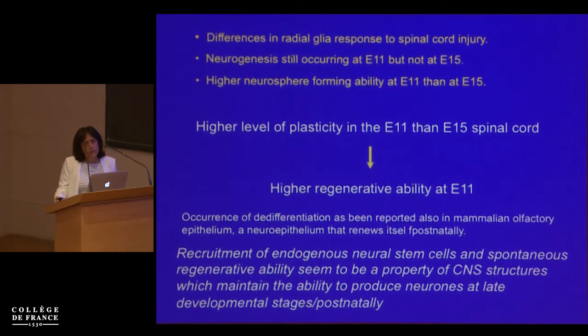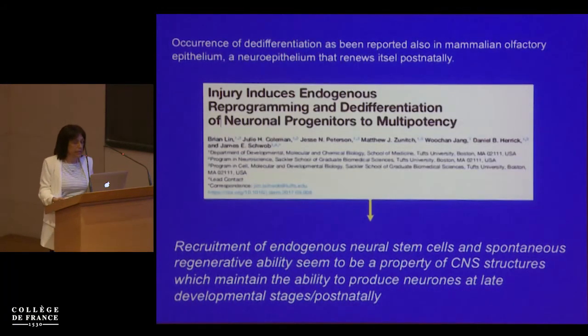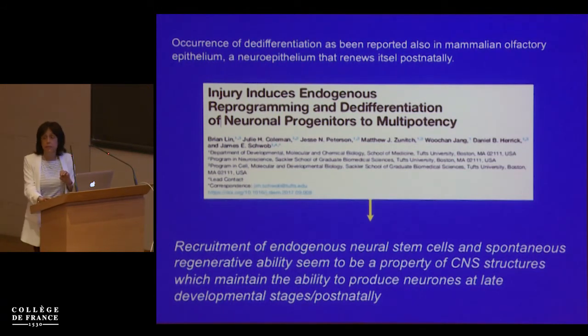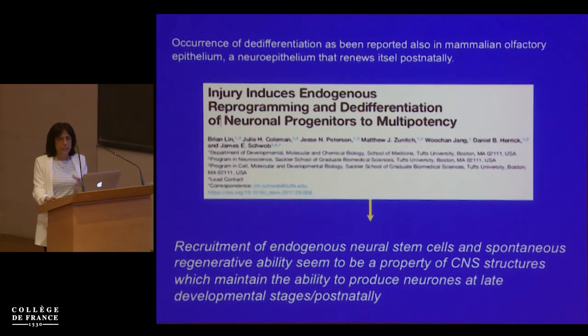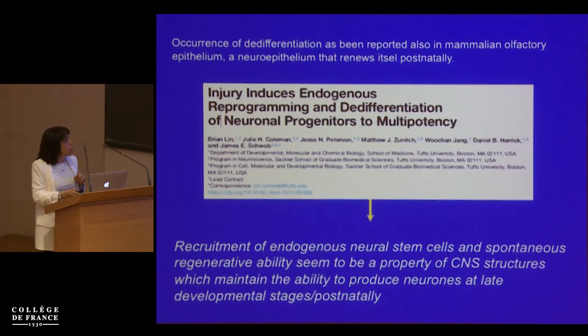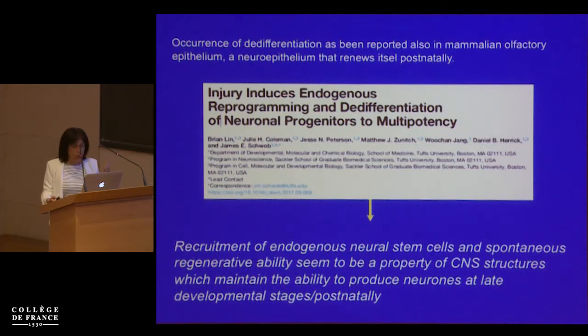And there are a lot of studies supporting this, and one that I like to mention concerns the olfactory system in mammals, and we'll hear from other people here in the meeting over the next couple of days about other examples. So what you get here, for example, is that the olfactory neuroepithelium, which is continuously renewed during life, can basically undergo some spontaneous regeneration upon injury.